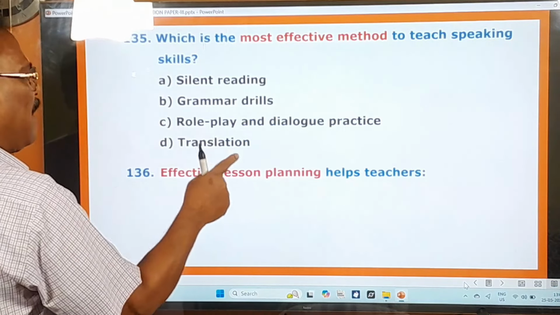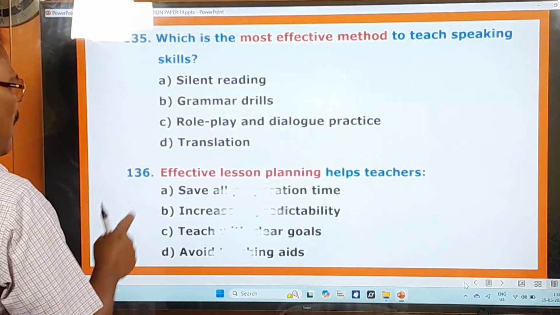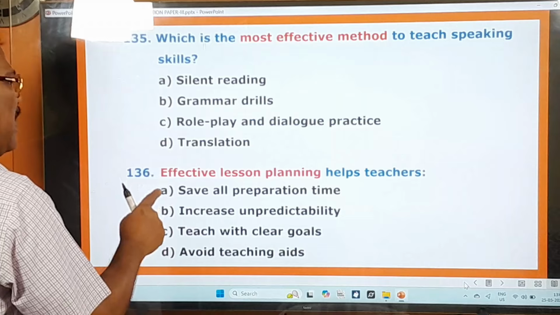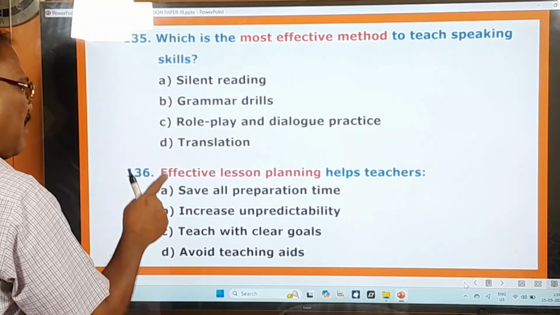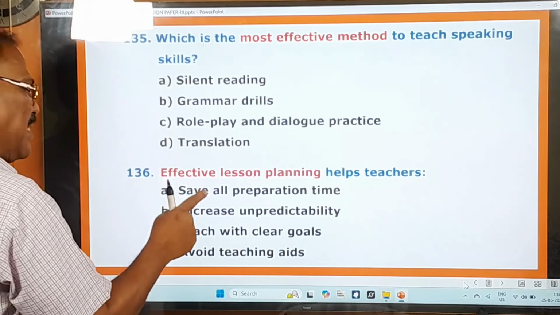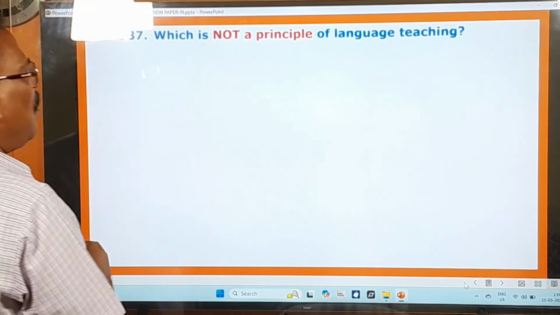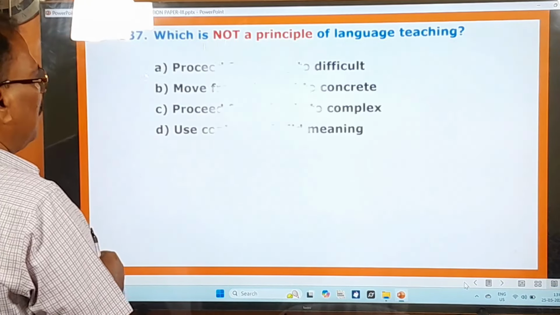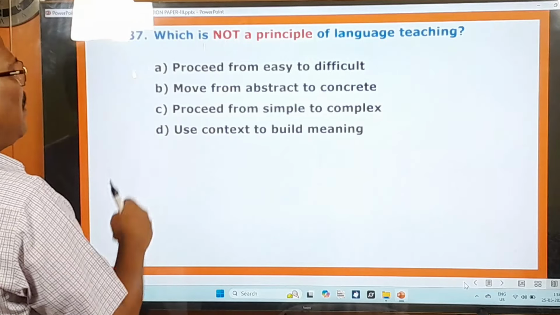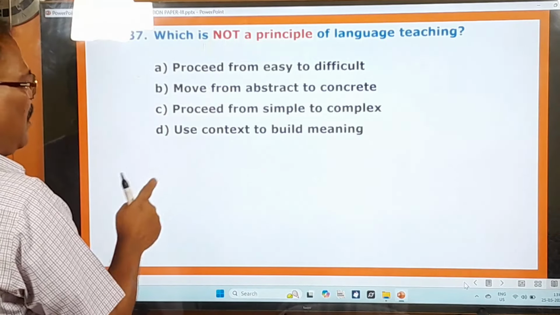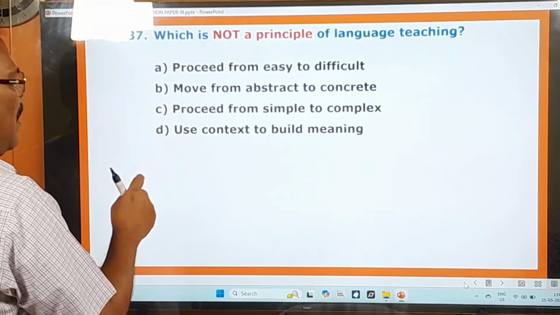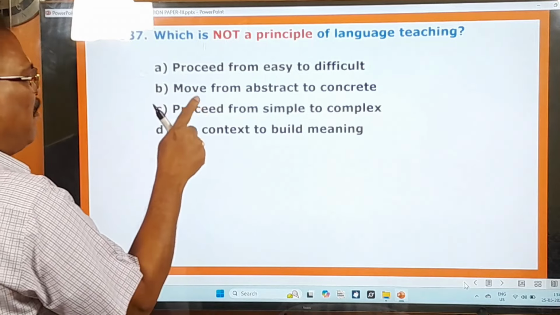Effective lesson planning helps teachers save all preparation time, increase unpredictability, teach with clear goals, avoid teaching aids. 137th question. Which is not a principle of language teaching? Proceed from easy to difficult, move from abstract to concrete, proceed from simple to complex, use context to build meaning.